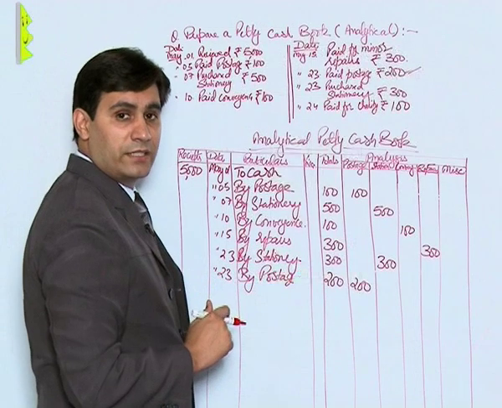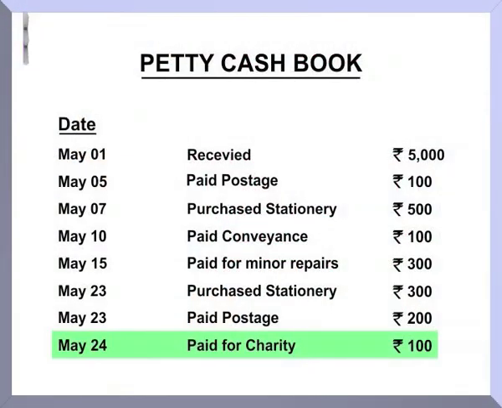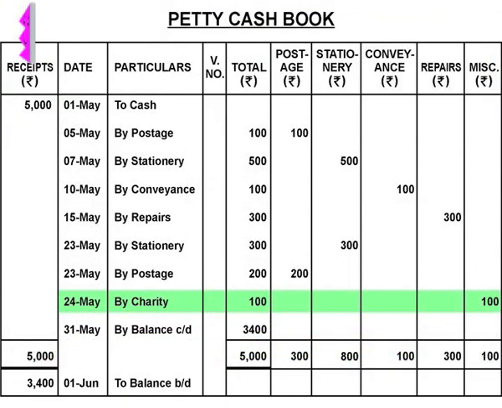Coming to the last entry, that is on the date 24th, that is May 24th, by charity. Since we are making a small payment for charity, it can be classified as a petty expense. So it would surely be put in the totals column, but we do not have any column for charity. So this amount would be put in the miscellaneous expenses column.